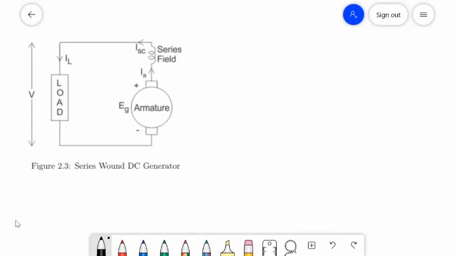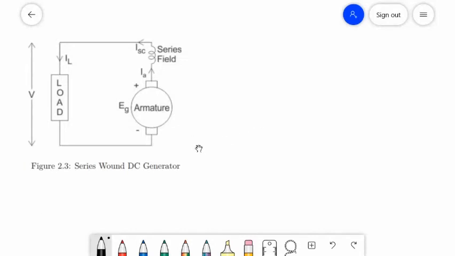Our next topic is the series wound DC generator. So in this case, the field windings are joined in series with the armature conductors. In series wound generators, the output voltage is directly proportional to the load current. As they carry full load current, they consist of relatively few turns of thick wire or strips.